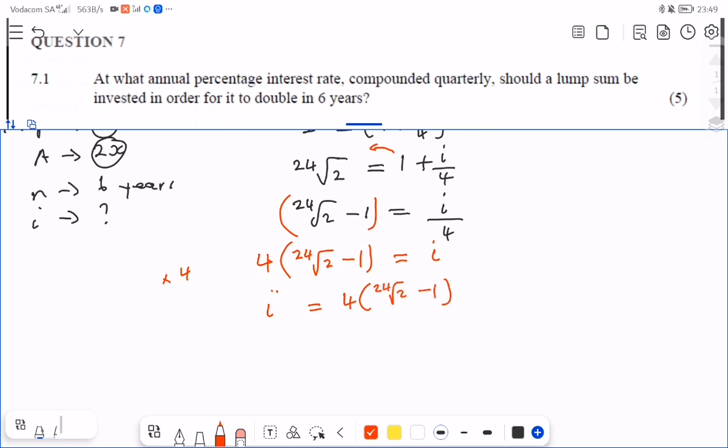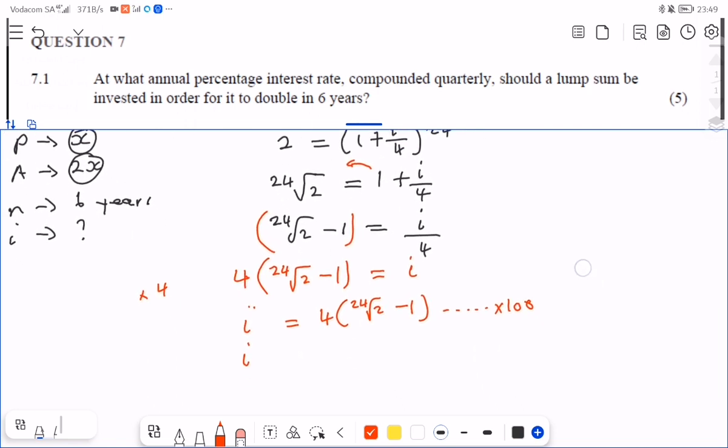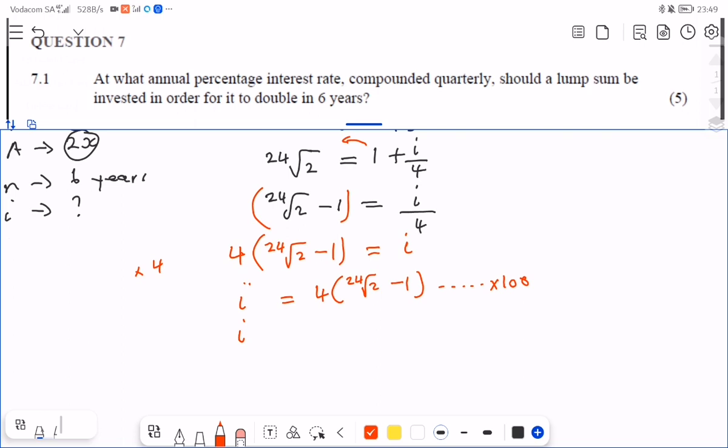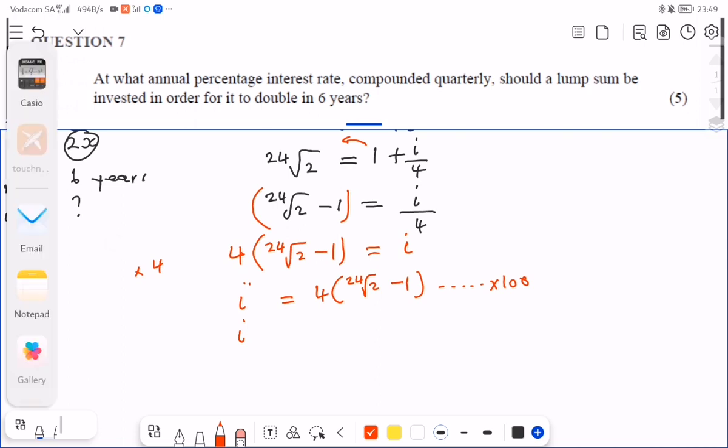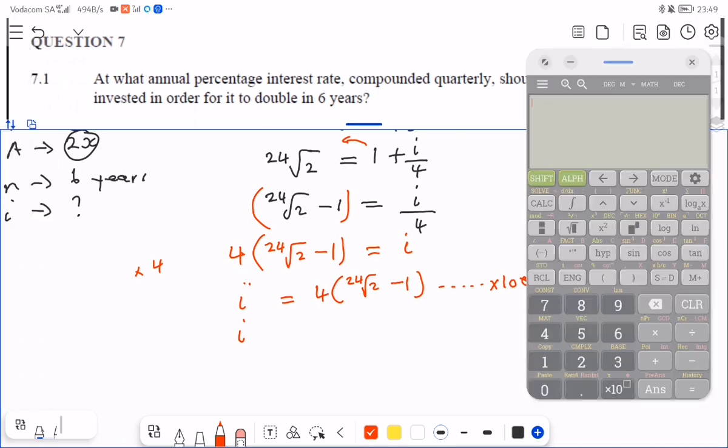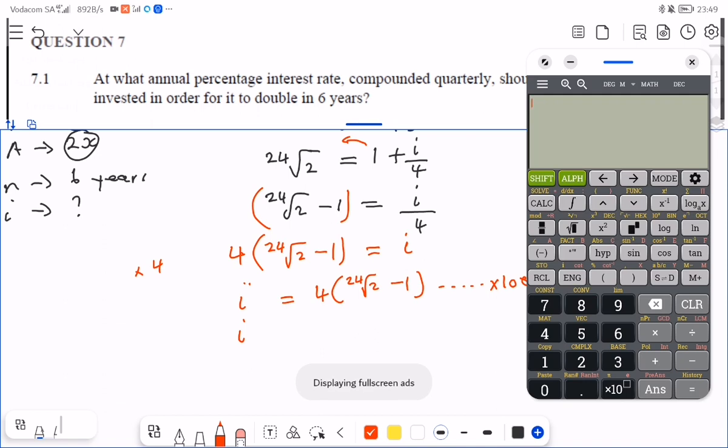Since this is representing percent, I need to multiply it by 100. You can take your calculator and punch whatever you are seeing here on the screen.